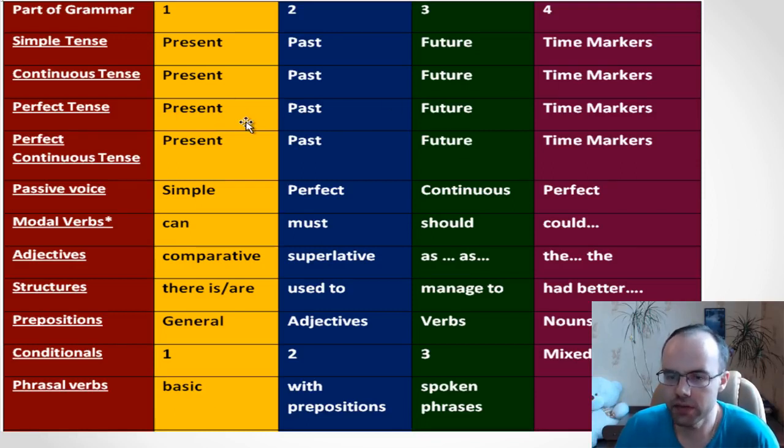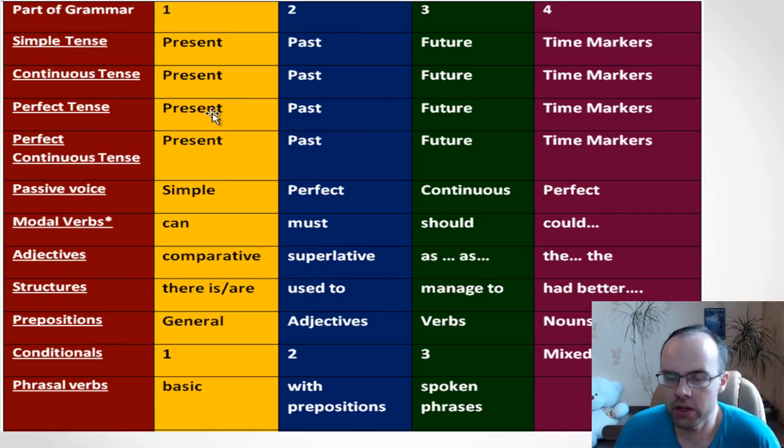The main difficulty is that it's maybe very difficult to use these tenses, but there are some time markers which can help you a lot to understand when you need to use this group of tenses. I'm talking about perfect tenses like just, already, ever, never, and so on.